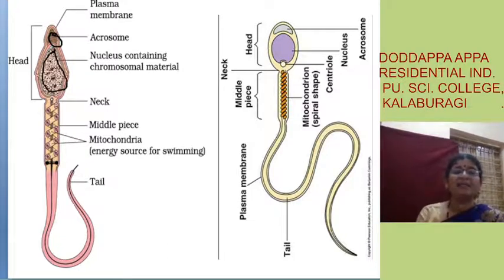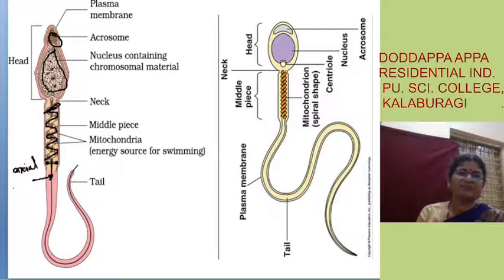Fine, and here you can see the mitochondrial sheath which is encircled around the axial filament, that you can see very clearly, and this one is the axial filament. So this we have labeled as axial filament. It is not labeled here, but it is understood because you have already prepared yourself for the theory, but you did not write.